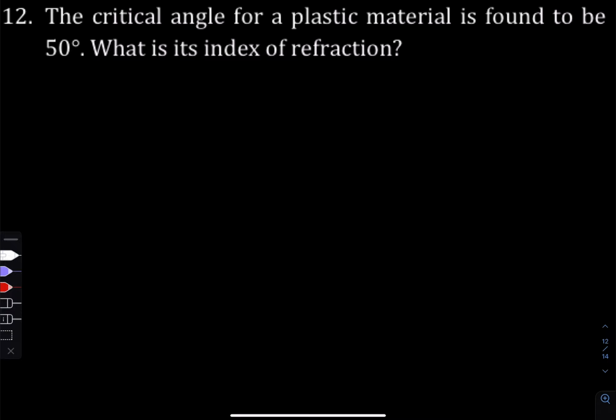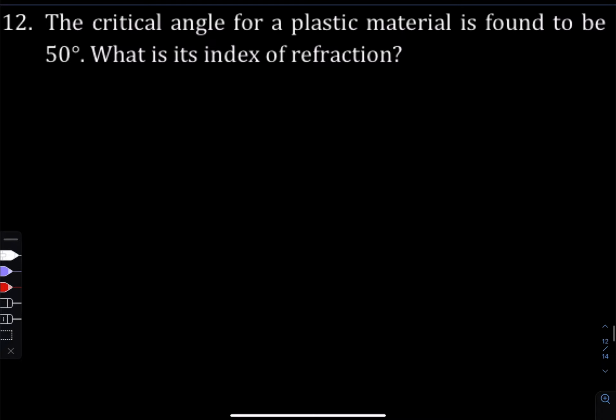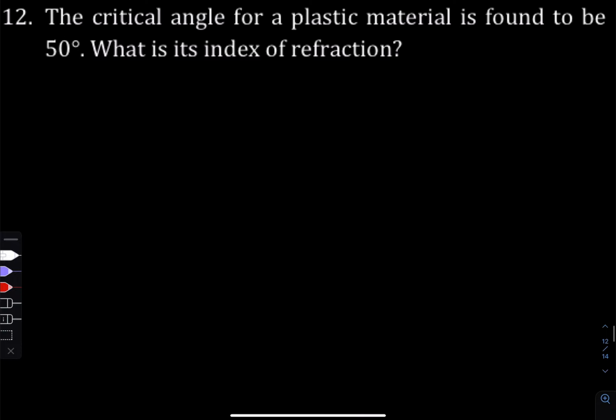So here it says the critical angle for plastic material is found to be 50 degrees. What is the index of refraction? So here's what the critical angle means. Imagine we have again an interface between two materials. So we have air, and then we have in this case plastic.